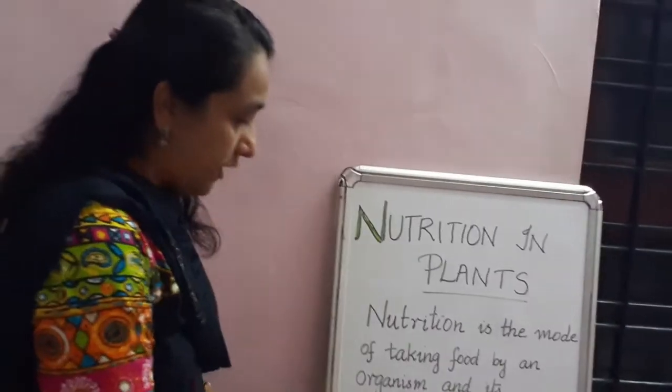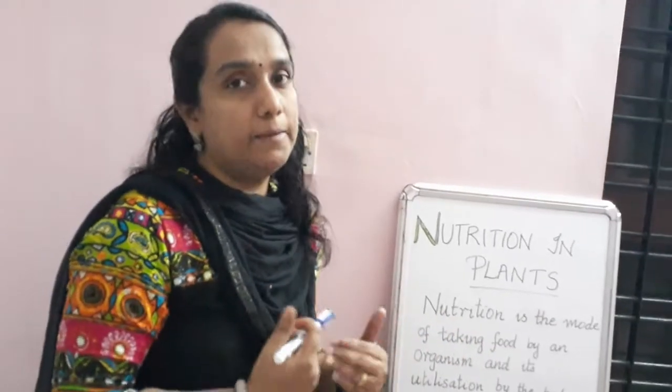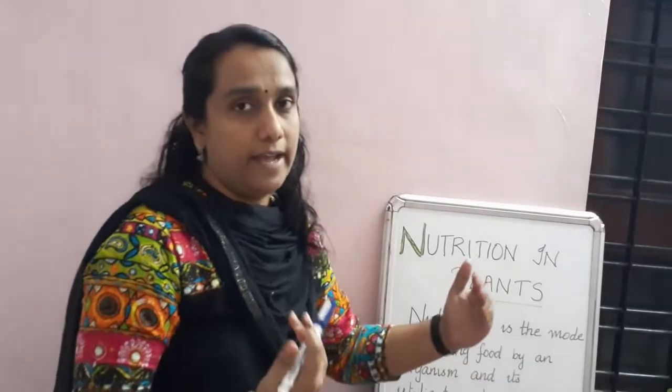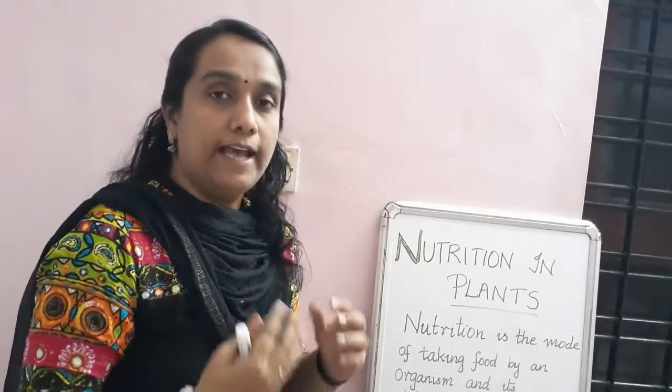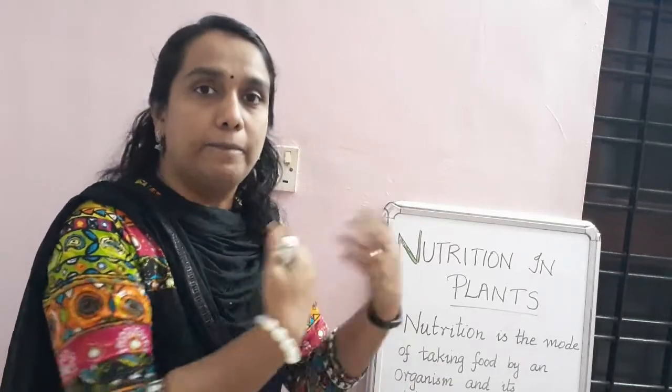Autotrophs are organisms which can prepare their own food. Examples of autotrophic organisms are green plants. Heterotrophs are organisms which depend on the autotrophs for their food. Examples are so many other organisms including human beings; we are depending on others to get our food.